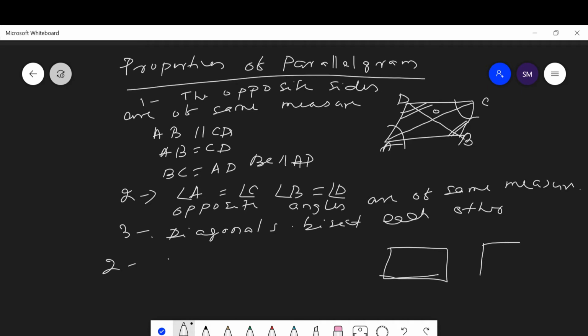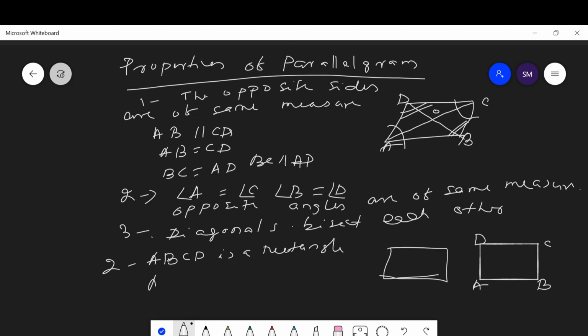Suppose we now draw the perfect rectangle. Suppose ABCD is a rectangle, which satisfies all the properties of a parallelogram.